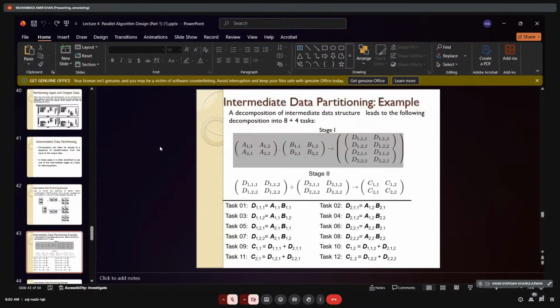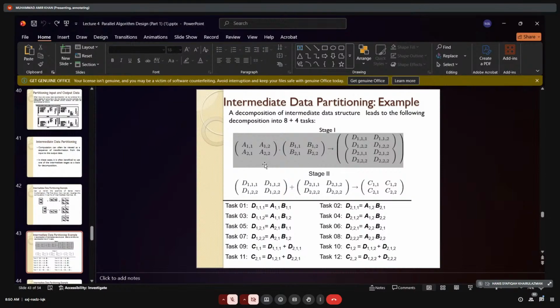Now you can see here, a decomposition of the intermediate data structure leads to the following decomposition into 8 plus 4 tasks. For example, we have 8 plus 4, 12. How?